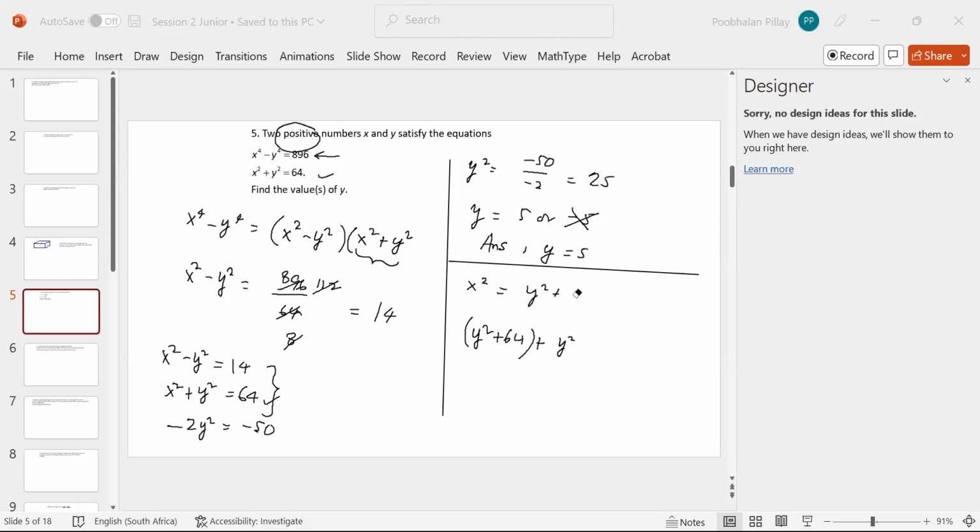Sorry about this, this is really 14. In the second equation, in place of x squared, you can put y squared plus 14, plus y squared, and that is 64. Now the x's have disappeared because you've replaced the x's by the y's, and you have only y's, and this goes back to 2y squared equals 50, and that goes back to y equals 5.